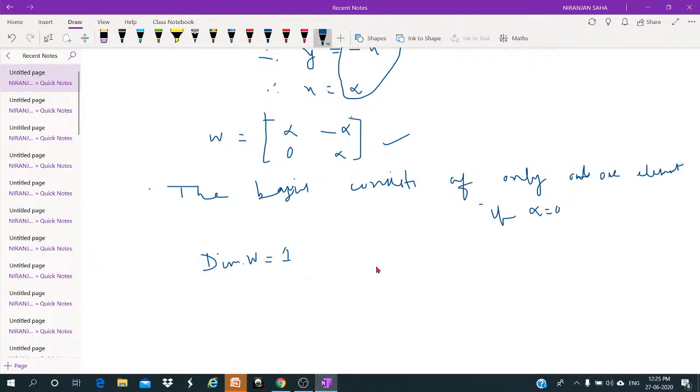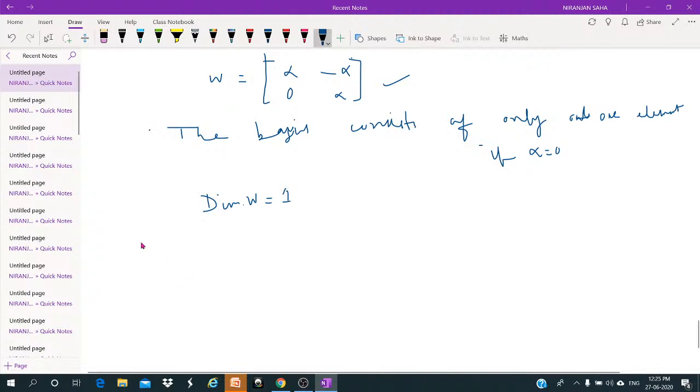So there are infinite number of bases which all have just a single element.